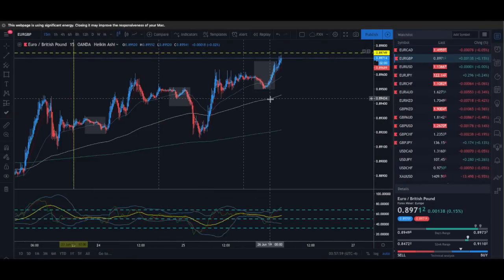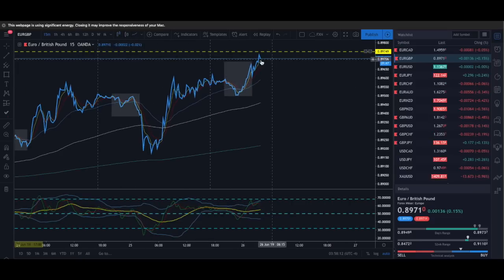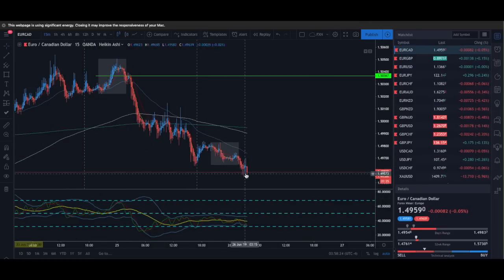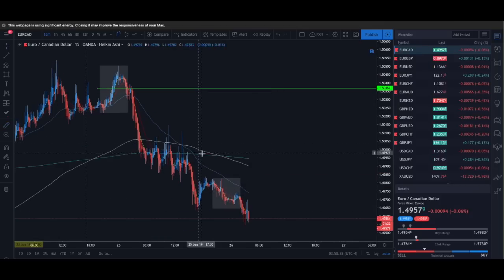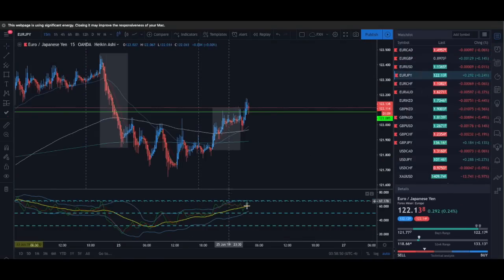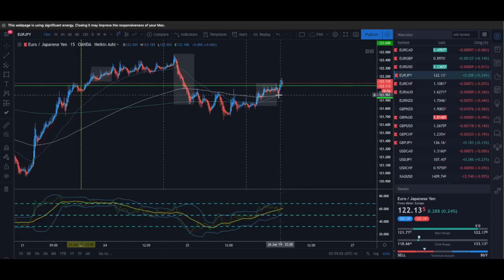All right, guys. So now essentially I'm going back through the selected pairs, taking my extra time and analyzing them further.